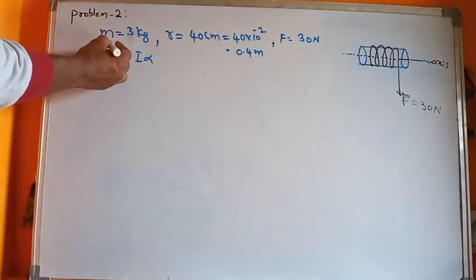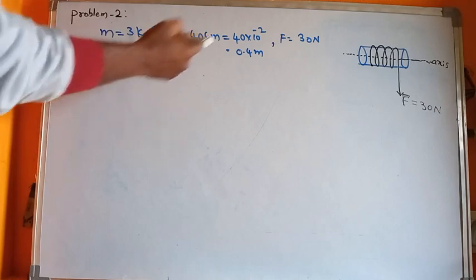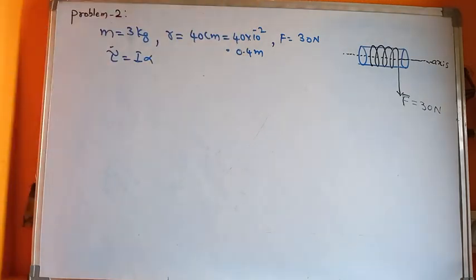So from that we have to find the torque tau and also the moment of inertia of the hollow cylinder about the axis. Then we can find alpha.